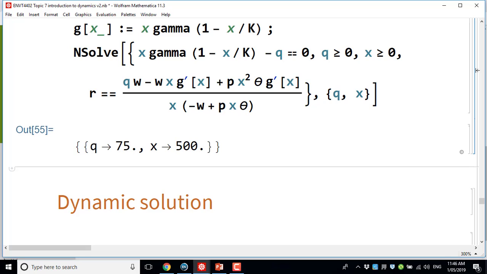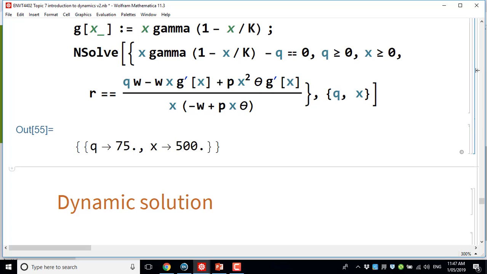If you have both the discount rate and the cost equal to 0, then you get the biological solution, the optimal fishing solution, the maximum sustainable yield.